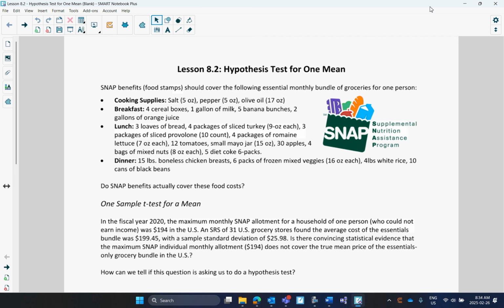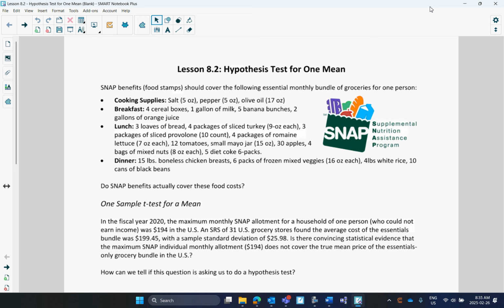With proportions, we're trying to find a confidence interval or do a hypothesis test for little p by using a sample p hat. But for means, we're trying to find a confidence interval or do a hypothesis test for mu, a population mean, given a sample mean x bar.